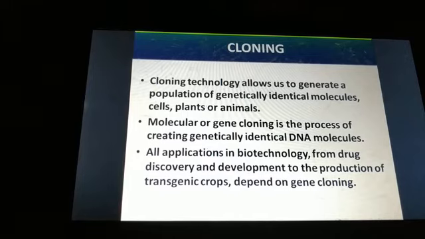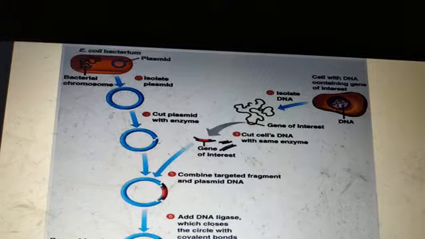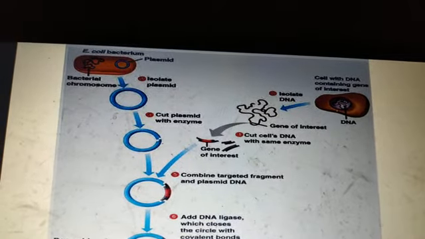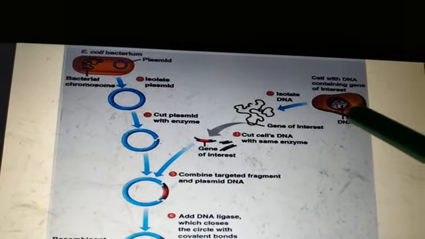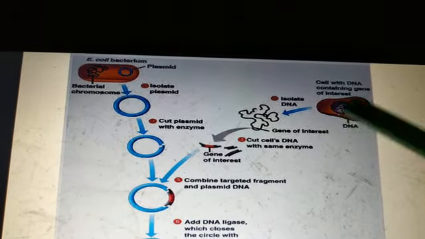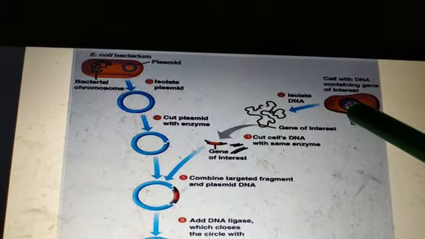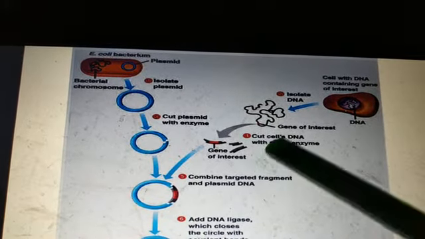Let's see the process. Here, this is our cell, this is the gene, and here we have our gene of interest, the gene that we want to clone. We cannot directly take out the gene and put it in the host.